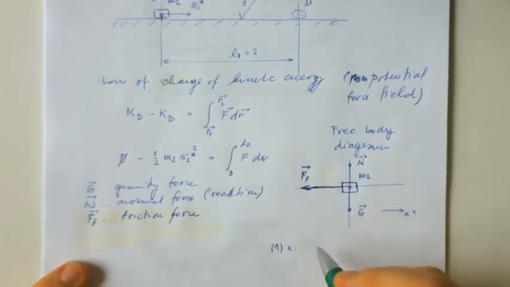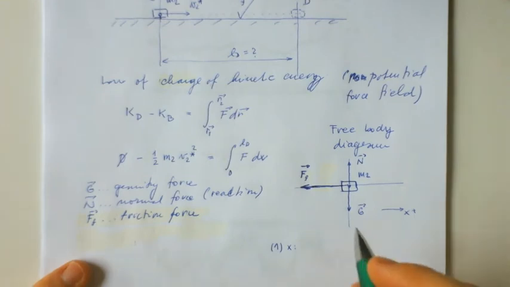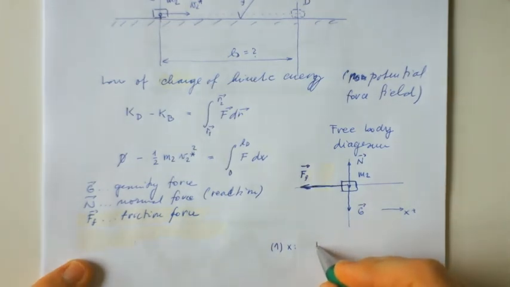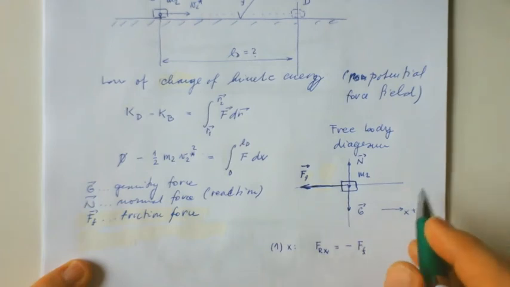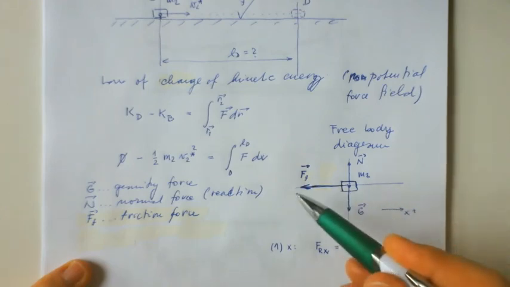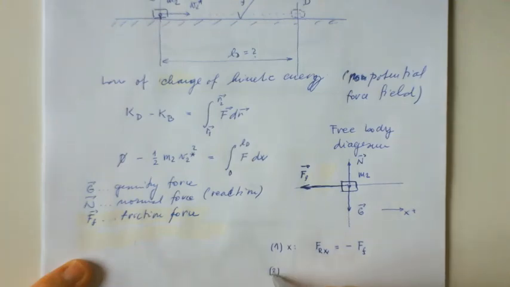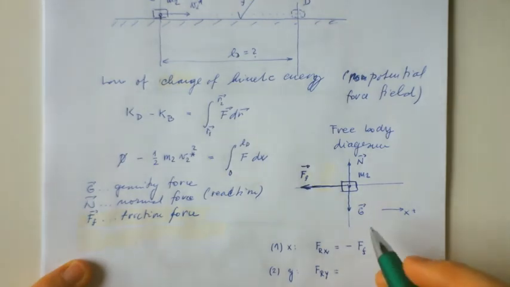So if we write the resulting force, the part of the resulting force in x direction is minus Ff, because plus x direction is here, and the resulting force in y direction is 0 because G and N are in balance.